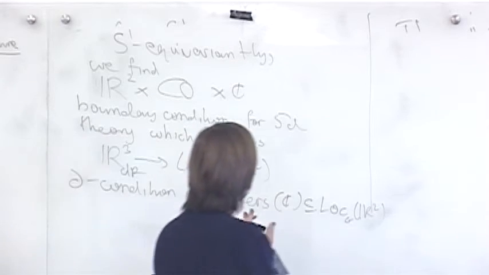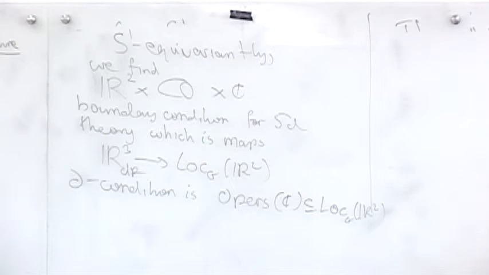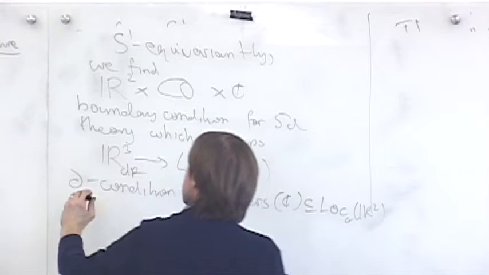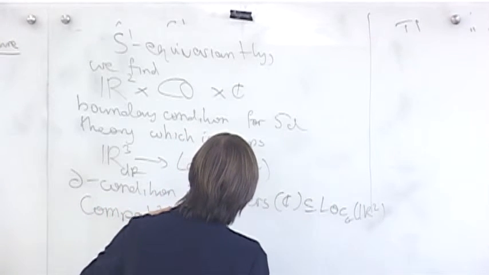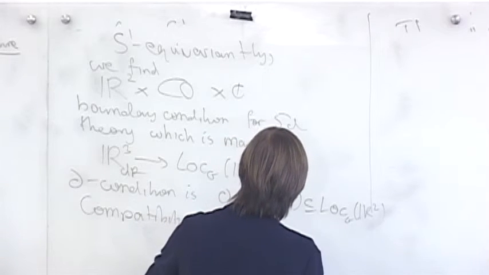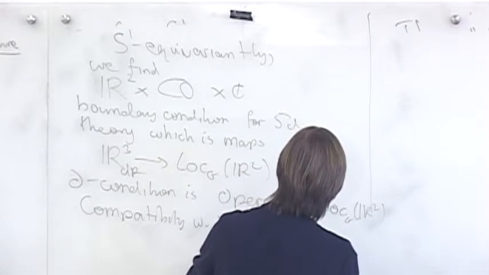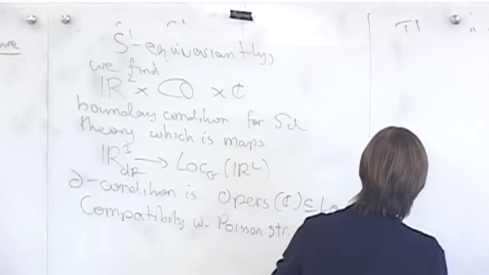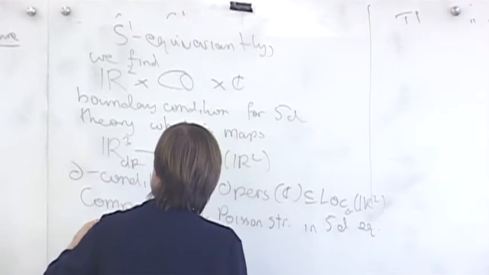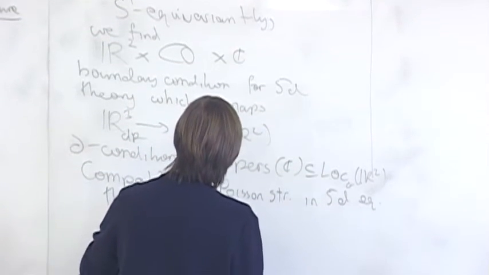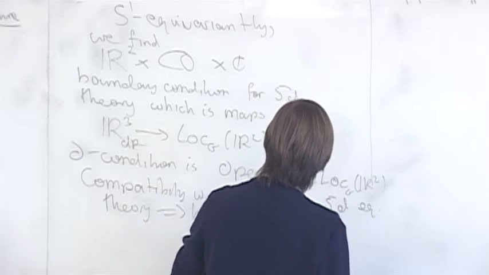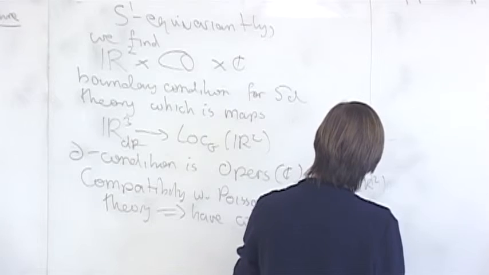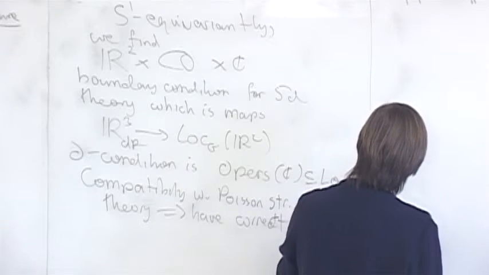Okay, so this, if you think about the kind of compatibility with the Poisson structure in the 5D equivariant theory, this kind of implies we have the correct Poisson structure in 6D.